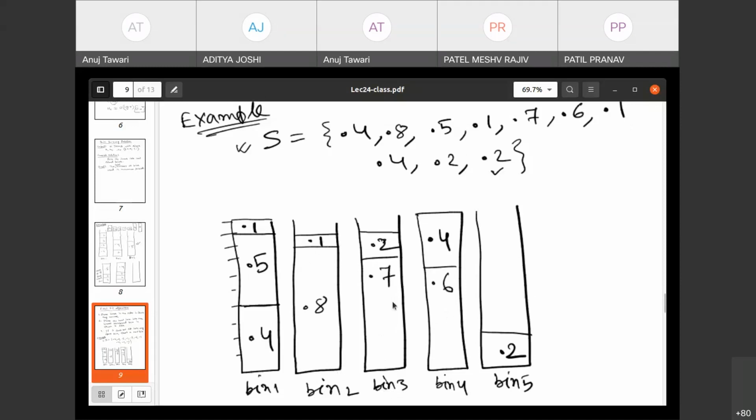And then again, 0.4 can't go in bin 1, bin 2, or bin 3, so I'll put it in bin 4. 0.2 has the option of going into bin 3, so I'll put it in bin 3. And finally, the remaining 0.2 can't go in 1, 2, 3, or 4, so it will go in bin 5. So whenever a new object is coming, I will choose the lowest numbered bin in which it can fit and then just put it into it.